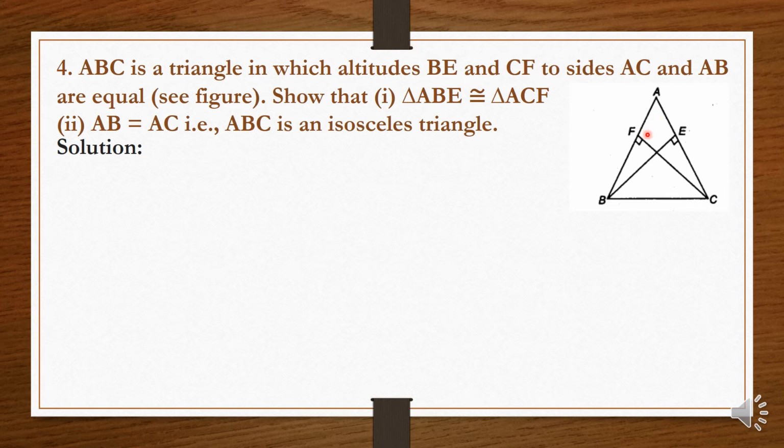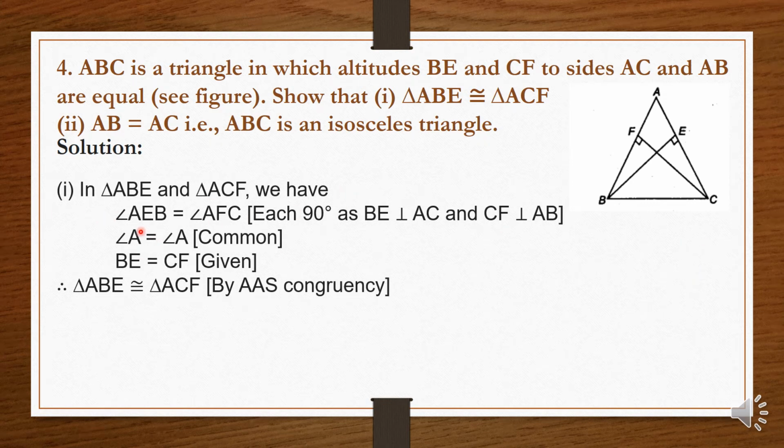So we already have two angles equal, angle A and the 90 degrees. Other than that, we also have the condition that BE is equal to CF for the two triangles. Therefore, we can apply the AAS congruence rule.